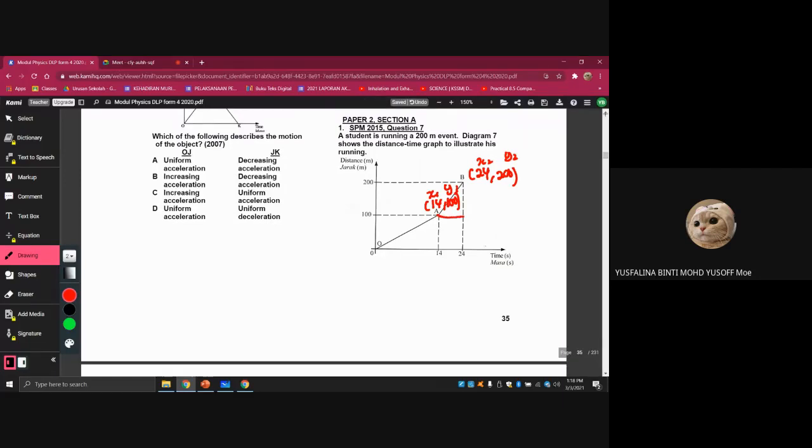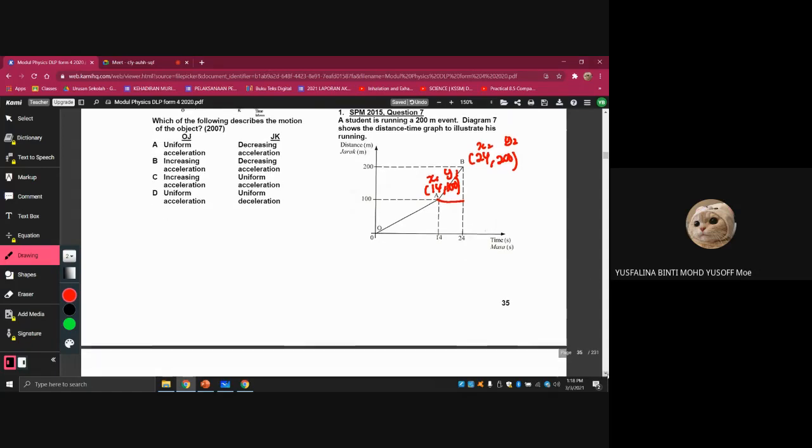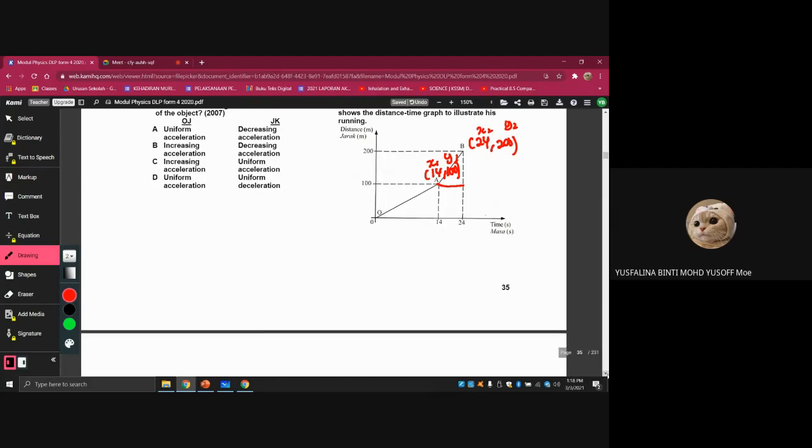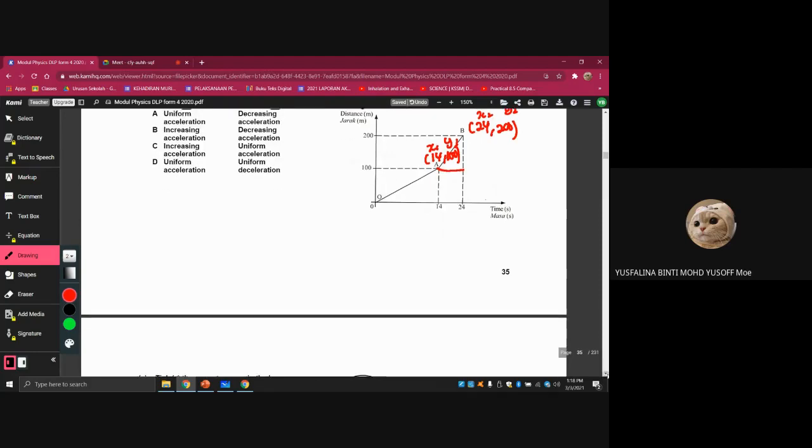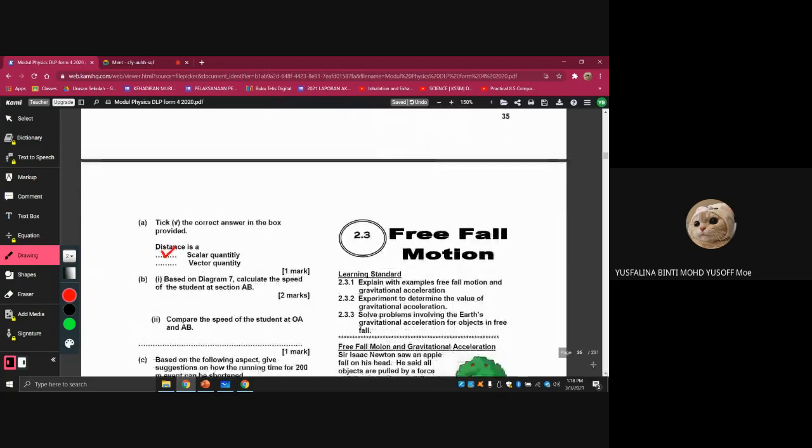Like this. So this will form the triangle here. And then next you have to use the formula: 200 minus 0 over 24 minus 14. So what's the answer? 10 ms negative 1. Yes, very good.